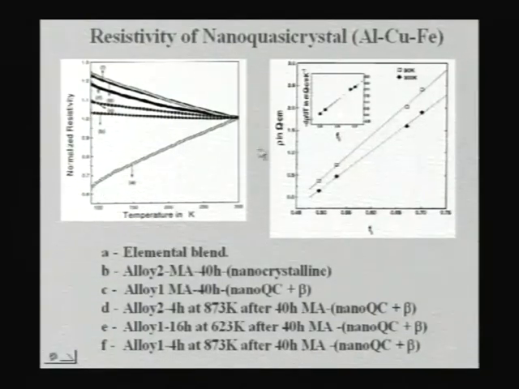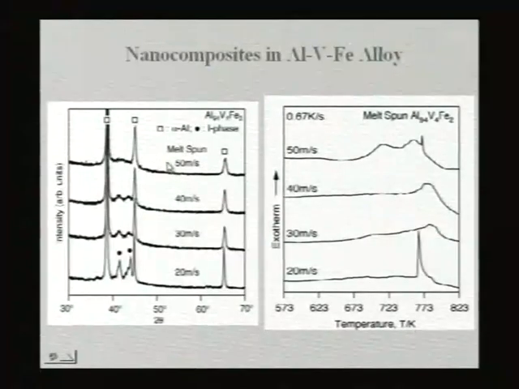This is the bottom curve that you can see here. But the moment you make it into a quasicrystalline phase, you immediately see a negative temperature coefficient of electrical resistivity, which indicates that we are converting from a metallic nature into a semiconducting nature. People are trying to exploit this nature of these nano-quasicrystals also. A lot of work is going on on these alloys. But as metallurgists, we are more concerned about the mechanical properties, so we will discuss a little more on those.